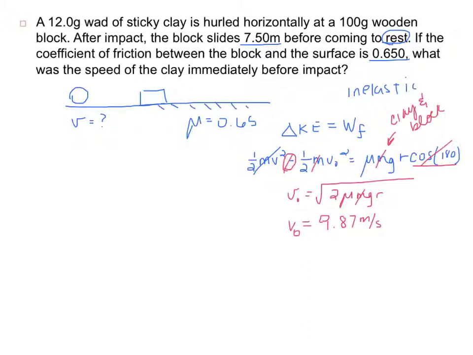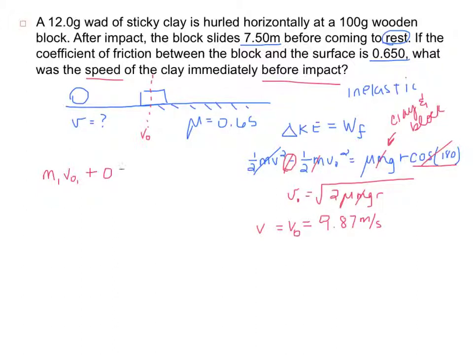I labeled this as the initial velocity, but really, that's the initial velocity at this point. If I want to solve for the speed before impact, this actually becomes the final velocity of the first segment. Going back to the first segment, at the beginning my clay has some momentum. The block does not have any momentum.